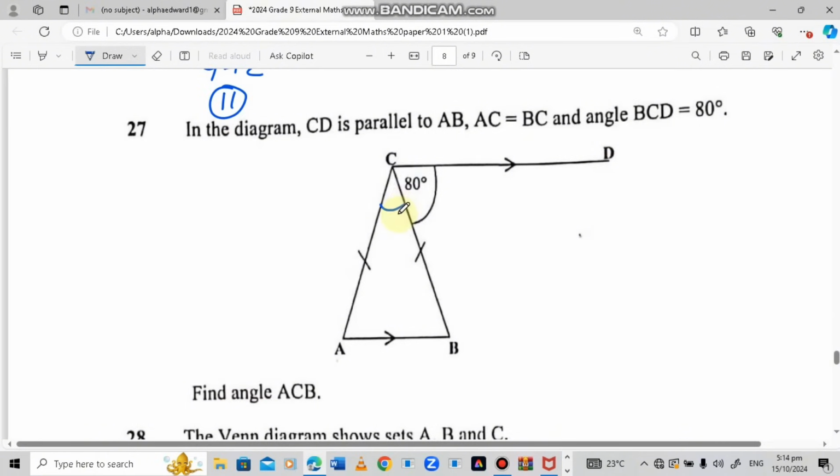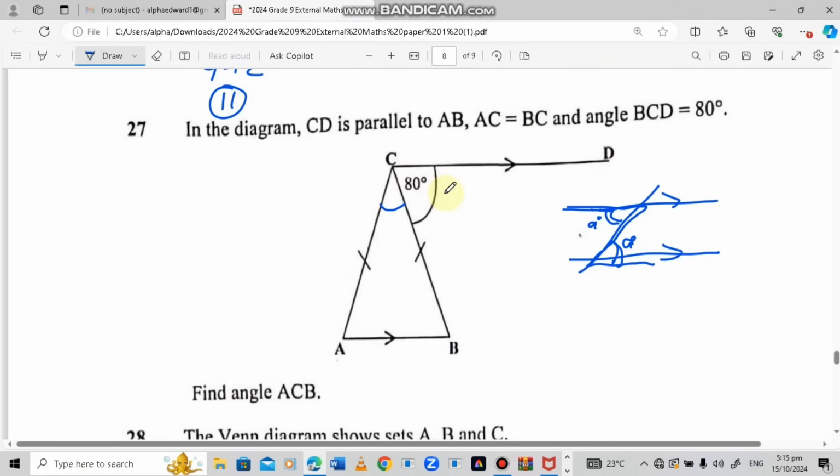To find this angle, we are going to use the properties of straight lines. If you have parallel lines and a transversal, this angle here is alternate to this angle here. If this is A degrees, this one will also be A degrees, because alternate angles are equal. You can see that a Z is being formed here.